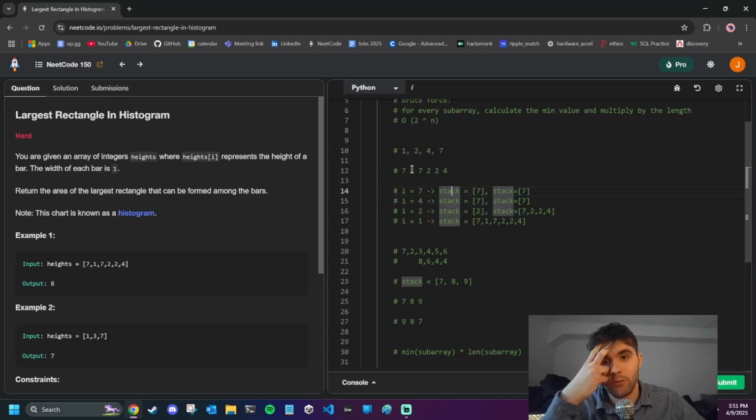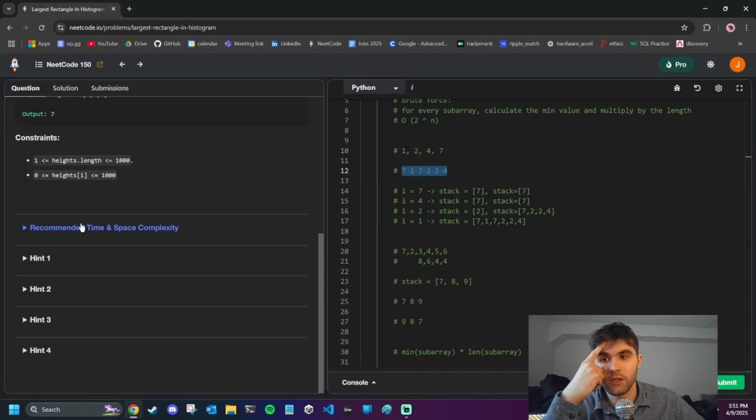So the runtime of this algorithm would be, for every unique element, we have to traverse this.